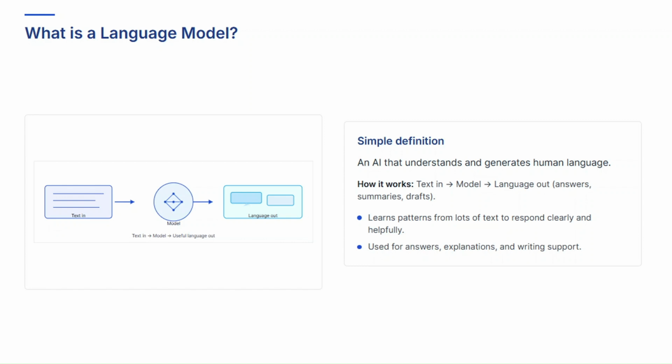It learns by reading large volumes of text and identifying patterns, just like humans learn language by reading and listening. Language models are commonly used for answering questions, writing content, summarizing information, and assisting decision making.